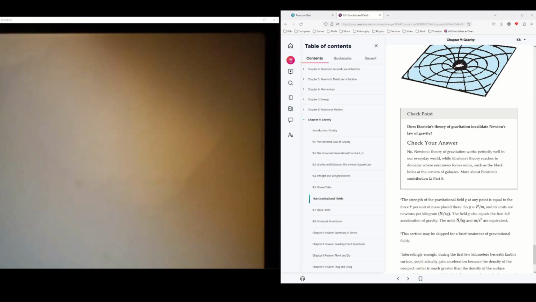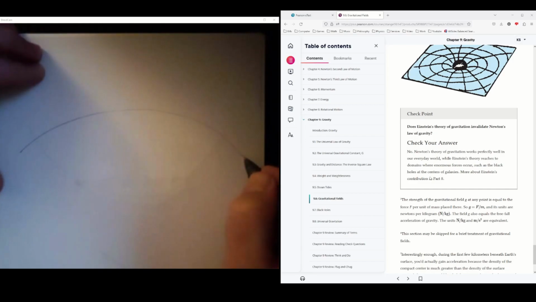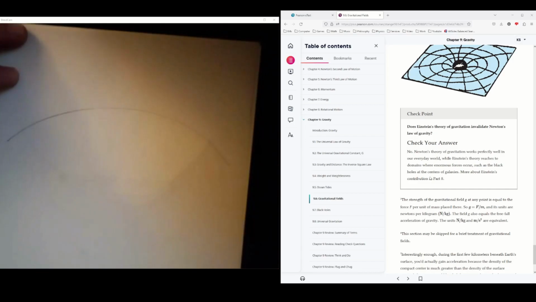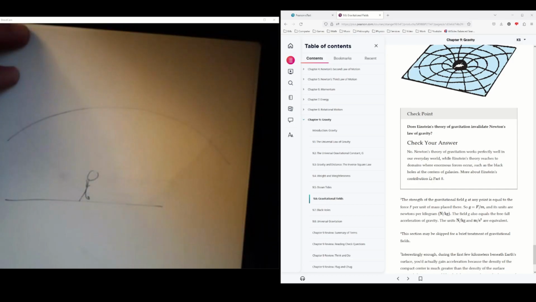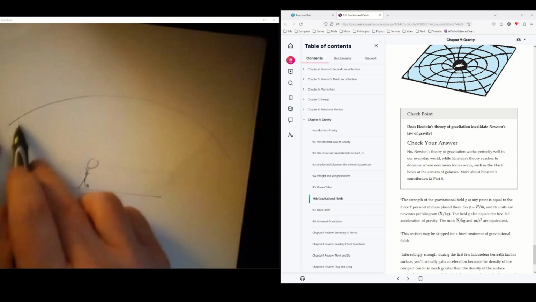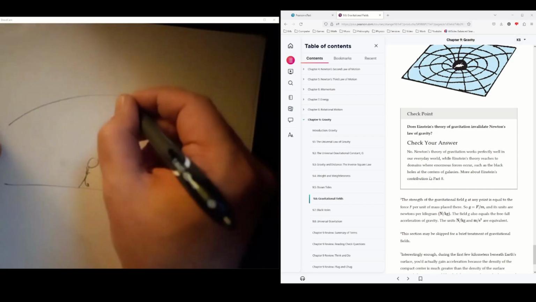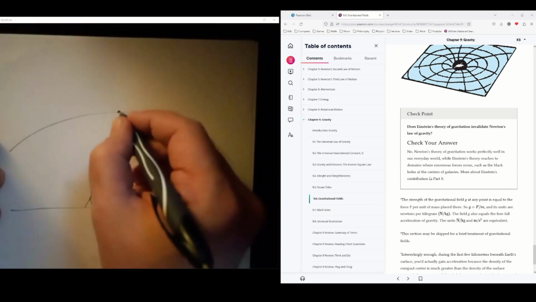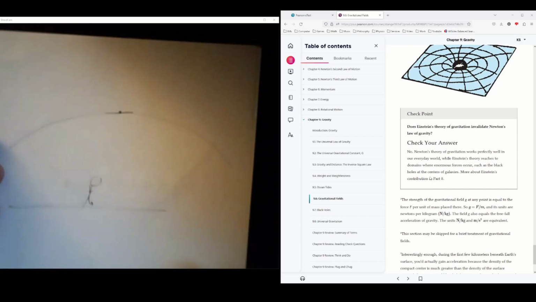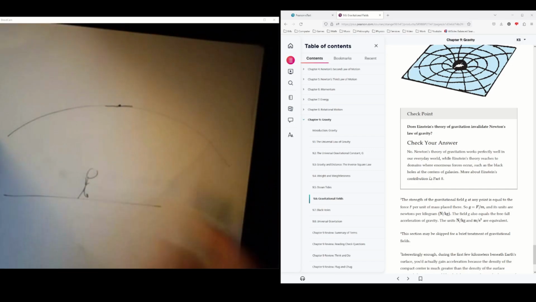But here's the deal. Think of the Earth again. The Earth we know is curved. Yet, you as a human being, when you look out, the Earth seems flat. That's because on this curved surface, we're so tiny. We're just this little dot right here. And being this little dot, all we can see is kind of this flat stuff. We can't see the curvature. We're just too small.